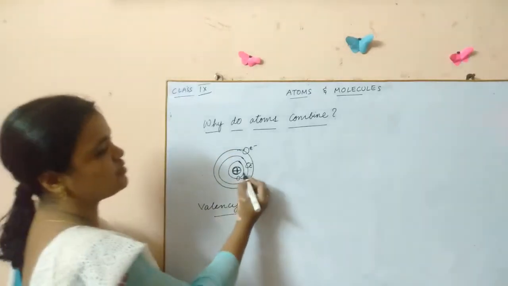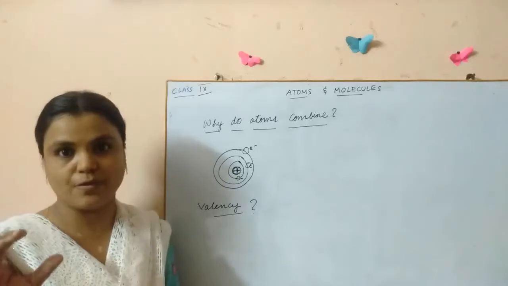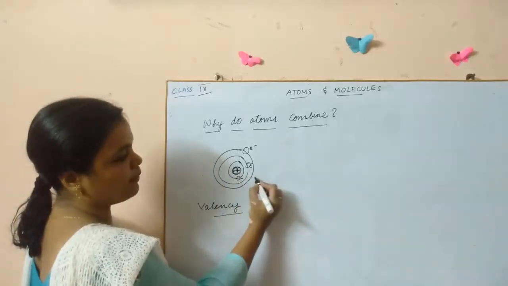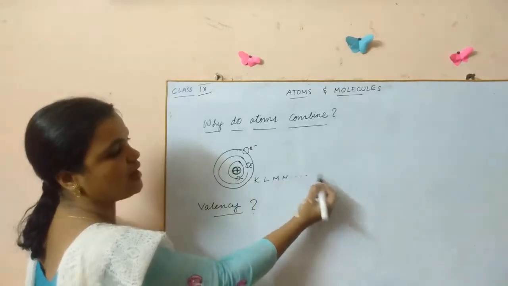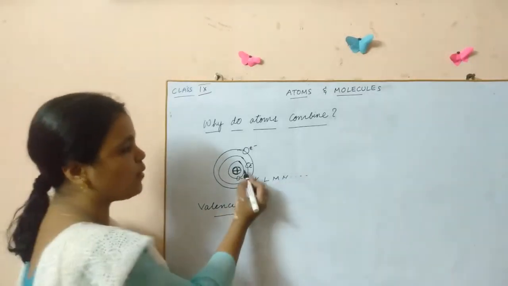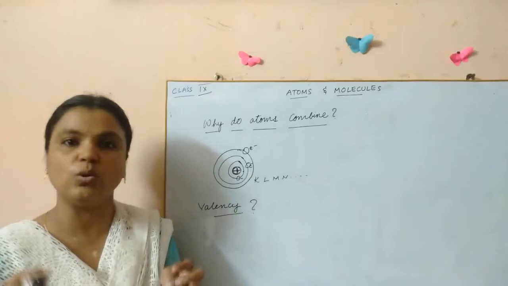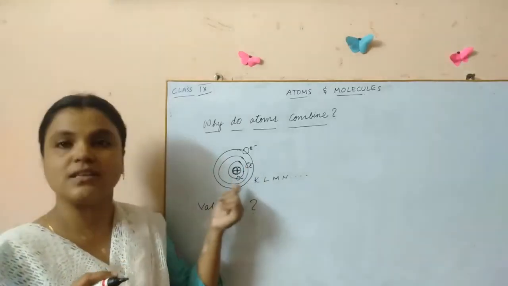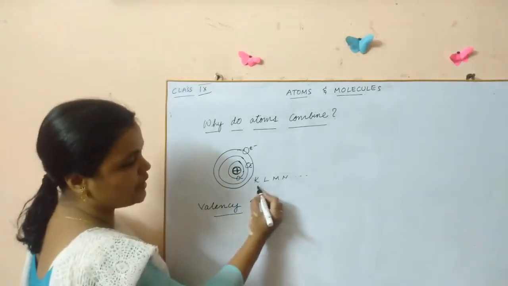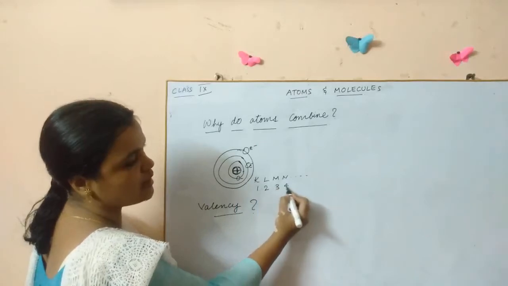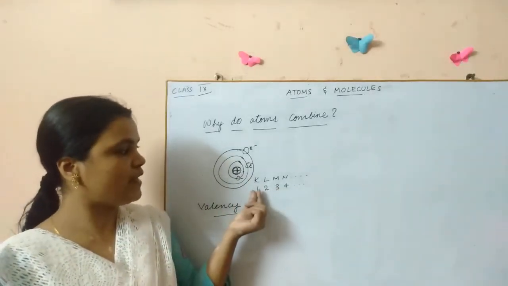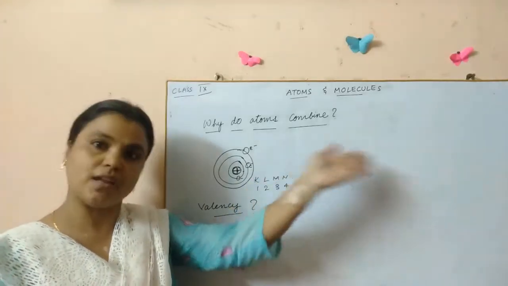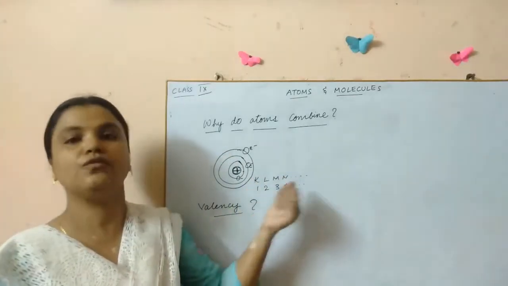The shells are given some alphabets: they are called K, L, M, N shell and so on. The K shell is the one closest to the nucleus, and the L shell is the next. They are also given numbers, children, to denote the orbit: K, L, M, N and so on, or 1, 2, 3, 4 and so on.